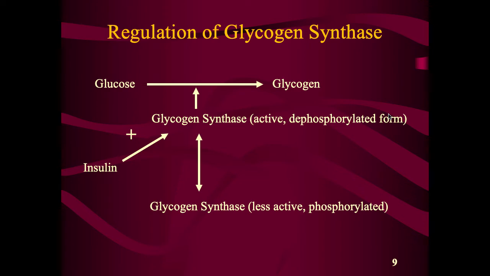This enzyme is a little bit different. It's actually activated by dephosphorylation, the opposite of glycogen phosphorylase. So insulin causes dephosphorylation of the enzyme, which activates it.